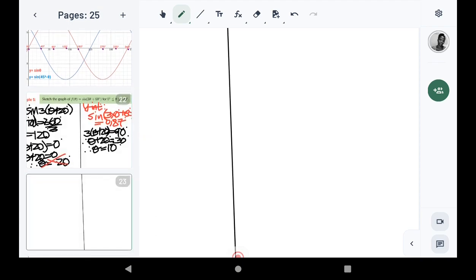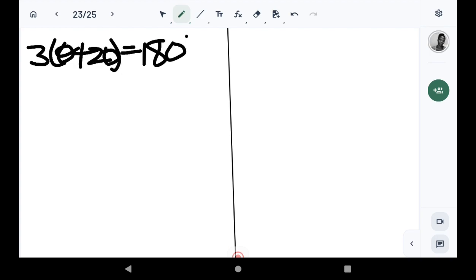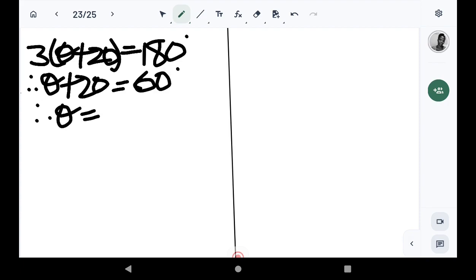Let's find out what happens at 180 degrees. 3 in brackets theta plus 20 at 180 degrees. Therefore, theta plus 20 equals 180 divided by 3, that is 60 degrees. Therefore, theta equals 60 minus 20, that is 40 degrees.